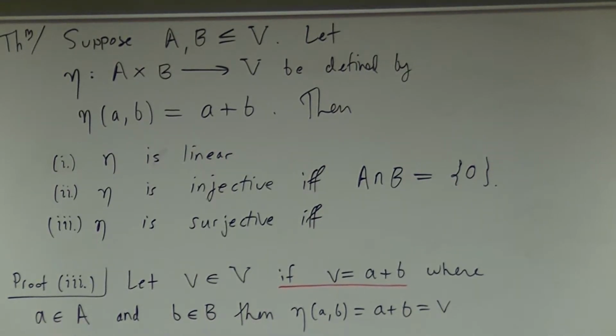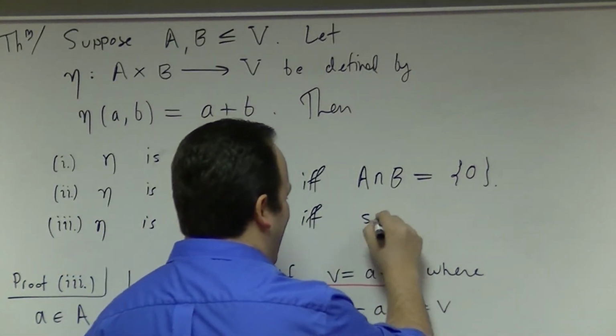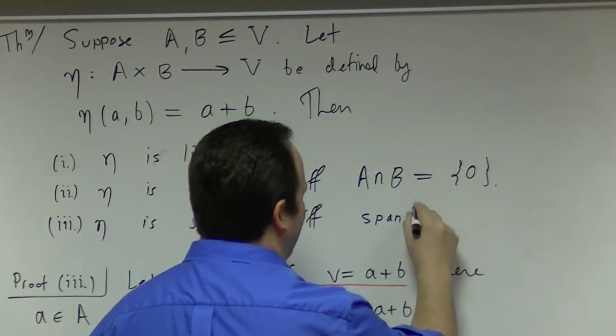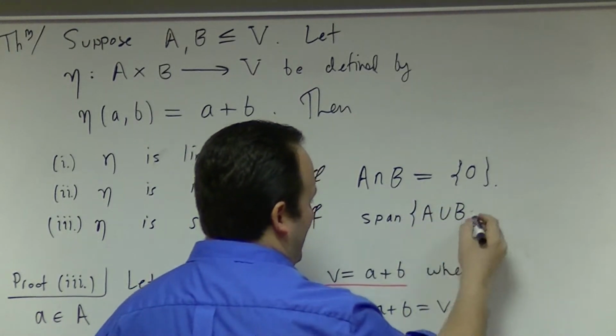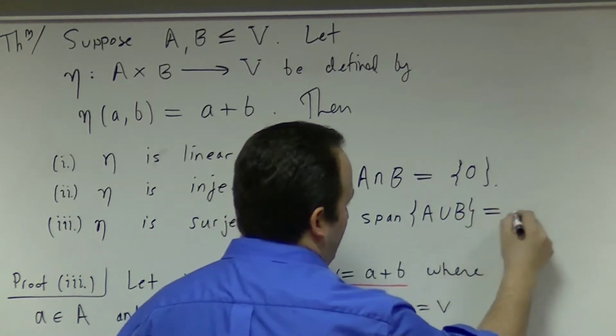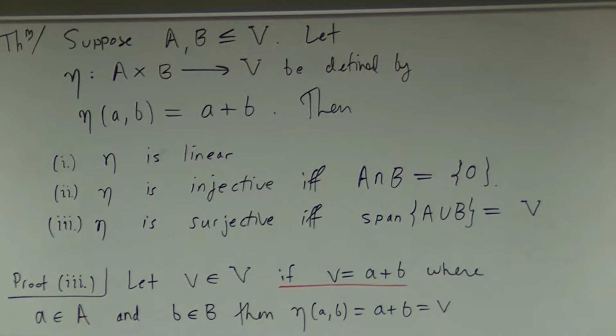If A equals V minus B and B equals V minus A? Maybe. I'm not sure about that. I've written it this way. I won't rule that out, Michael. But I wrote it in this somewhat greedy fashion: if the span of A union B is just equal to V. I think you can replace that with a more minimal condition if you have a basis.